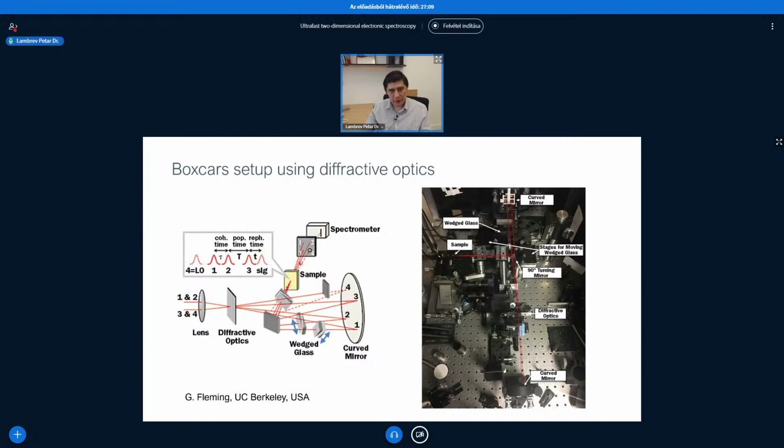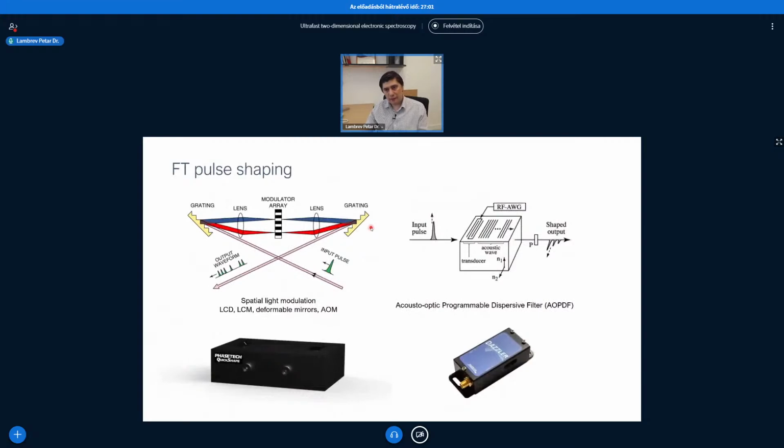Then you focus them on the sample, you have a screen, and you only let the photon echo signal to the spectrometer. Now for the pump probe geometry, as I said, you can upgrade your transient absorption spectrometer, but what you need is a device that makes a pair of pulses, and that is a pulse shaper.